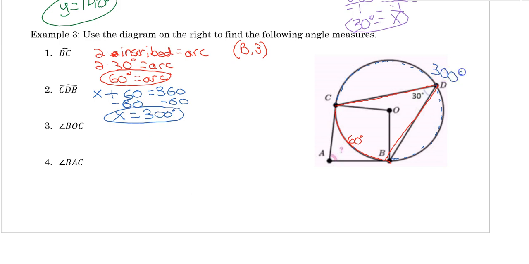So that big arc is 300 degrees. Angle BOC. Well, going back to this, central angle equals arc. So my central angle is X, and my arc here is 60 degrees. So this one's also 60.